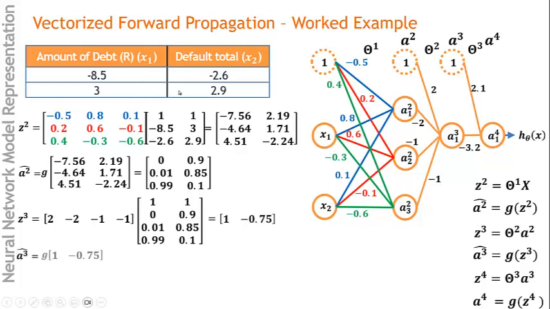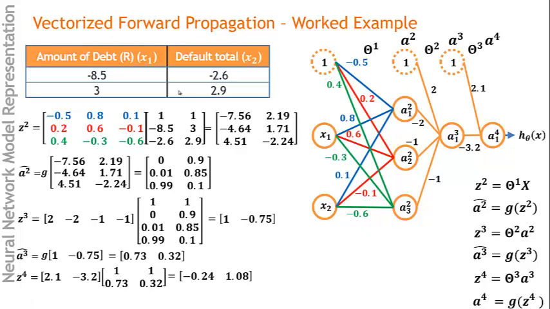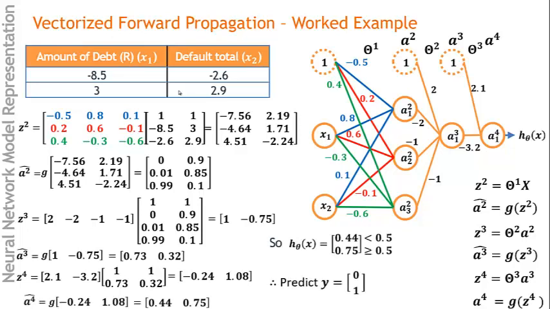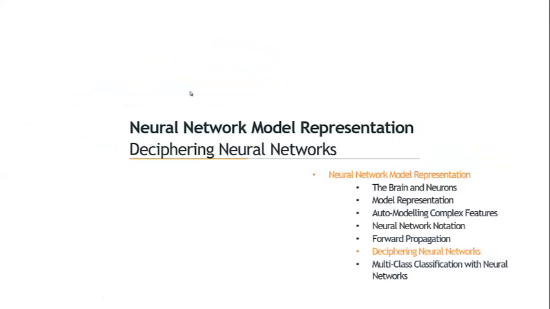And you get the final result for both data items all at once. This greatly speeds up the computation. Okay, so we got two different predictions for the two different data items, and we're good. All right, we'll stop there and talk about deciphering neural networks in the next video.